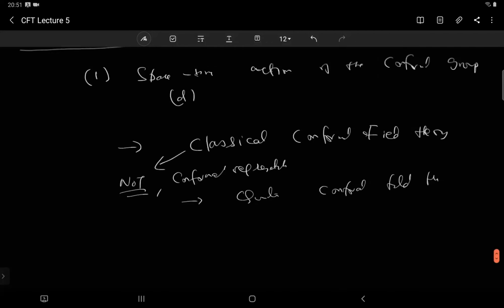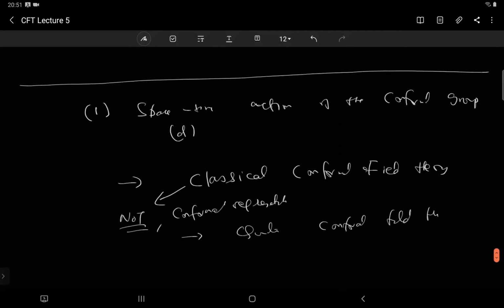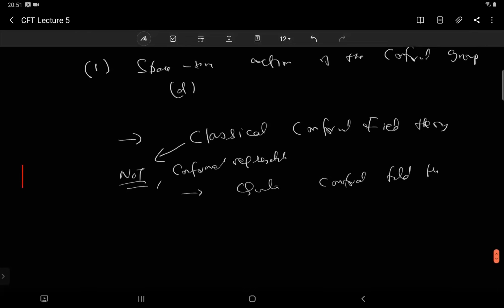Any other questions? Sir, what does it mean by conformal invariant? Meaning those functions of position x which do not change under conformal transformation. Like in the case of rotation, rotational invariant means distance is invariant, right? Under rotation, the distance between two points is invariant, so distances are rotation invariants.